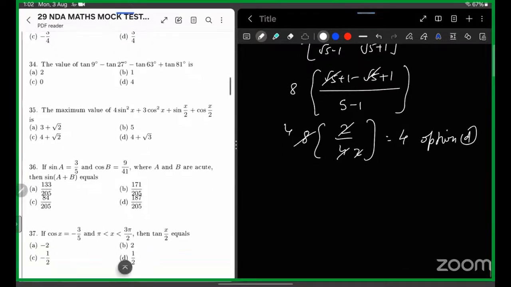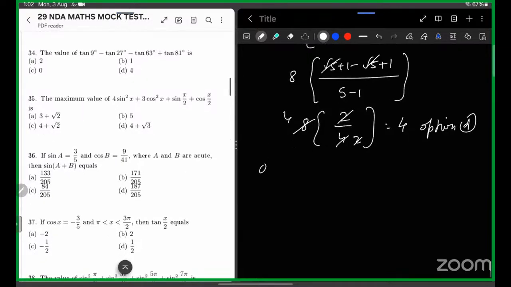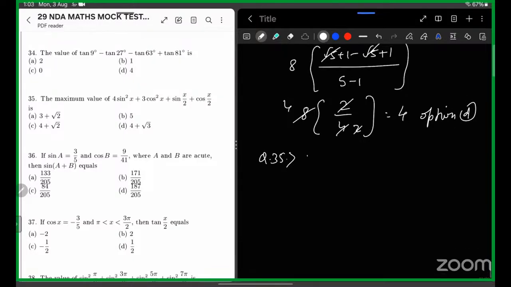Next. Question number 35. They are asking about the maximum value of this, meaning 4 sin square x plus 3 cos square x plus sin x by 2 plus cos x by 2. We need to find the maximum value for this. How are we going to solve it?